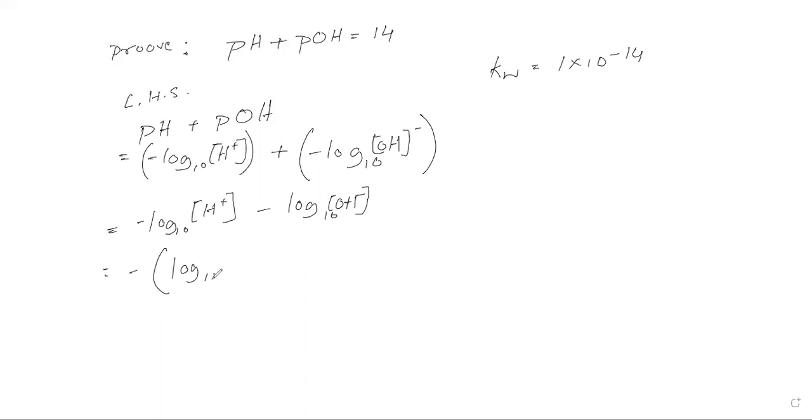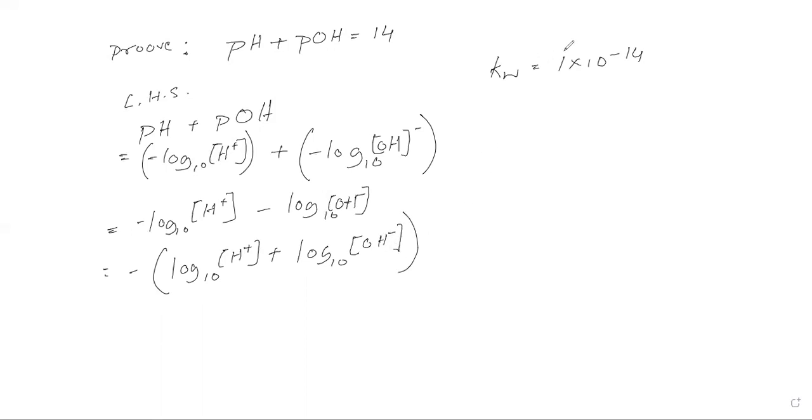Now, if we take the negative sign common, what do we get? Here we have log base 10 of H plus, and since the minus sign is taken common from the front of both terms, this also becomes positive, log base 10 of OH minus.